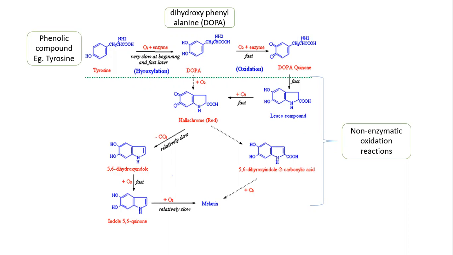Here you see an example of a polyphenol oxidase reaction, the formation of melanin from the substrate tyrosine.